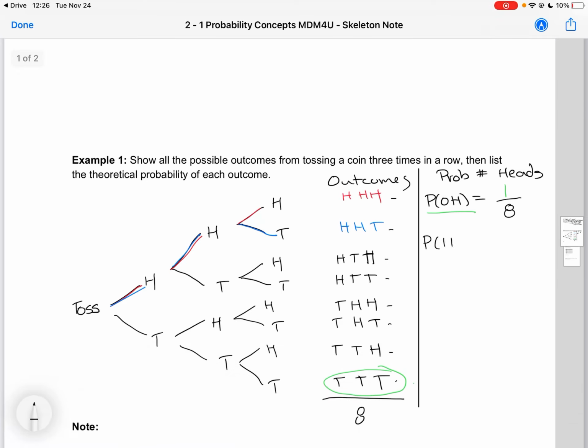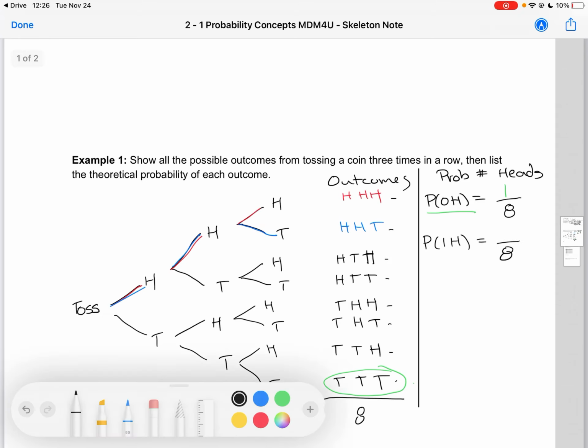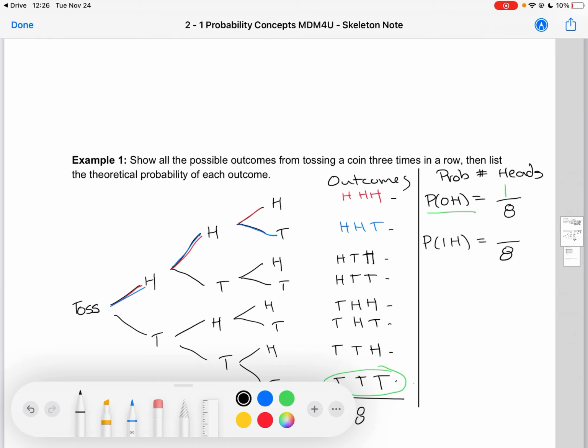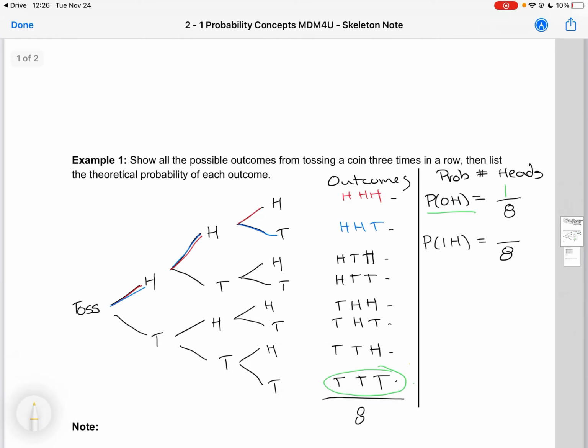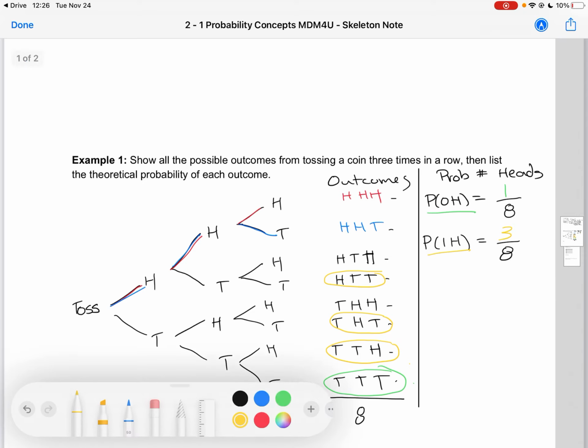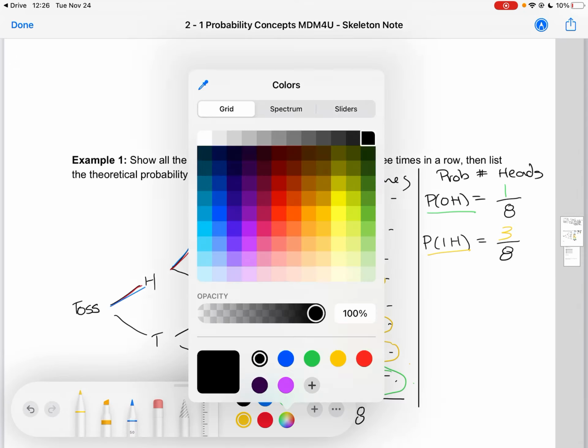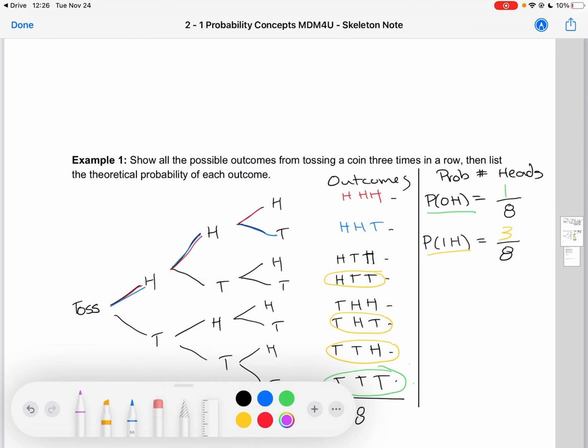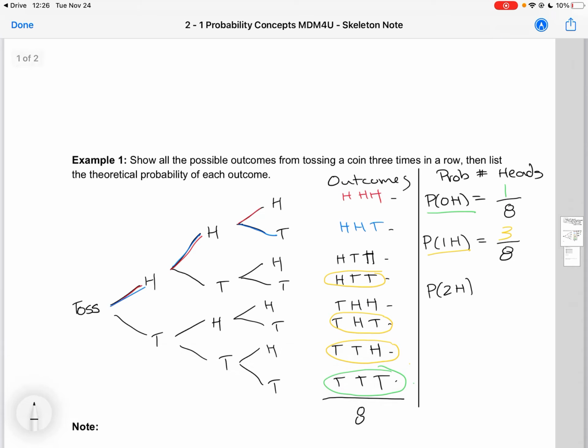The next one I'm going to look at is how often do I get 1 head? So it's going to be out of 8 again. And then I'm going to circle all the outcomes where I only have 1 head. So 1, 2, 3 possibilities out of 8. And then I'm going to do the same thing for probability where I have 2 heads.